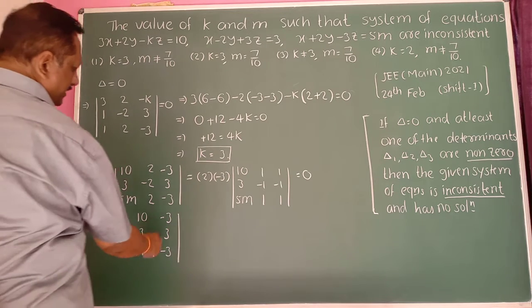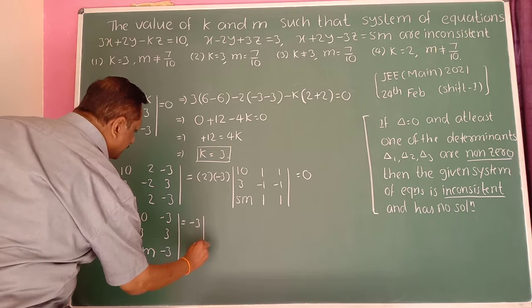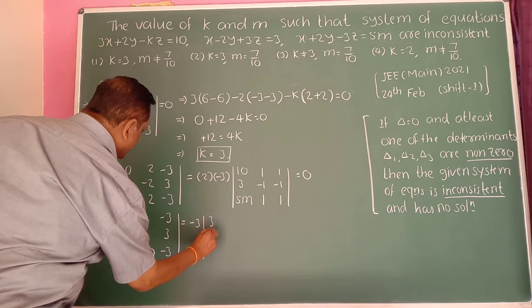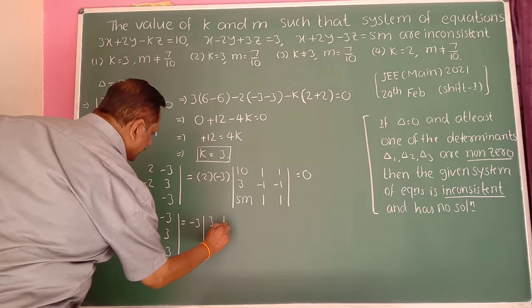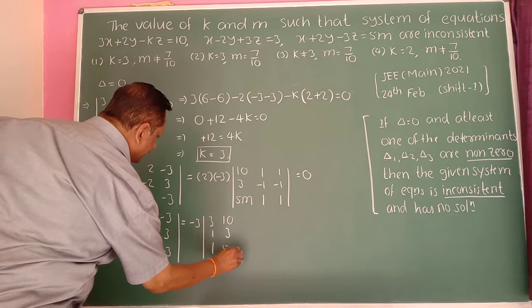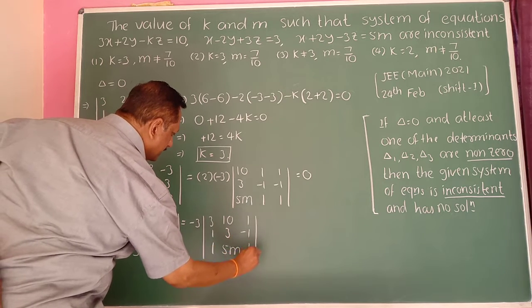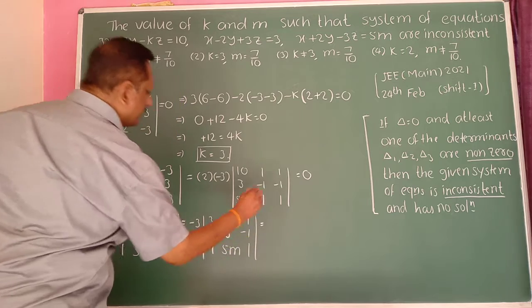You can take minus 3 common factor. Minus 3 keeps outside, the determinant of 3, 1, 1; 10, 3, 5m; 1, minus 1 and plus 1.